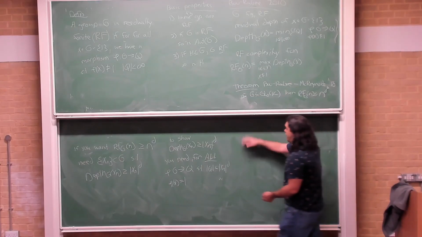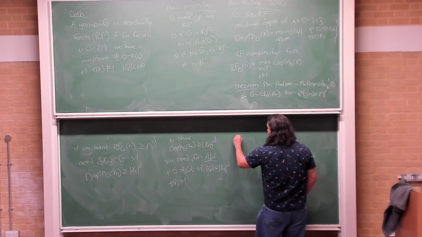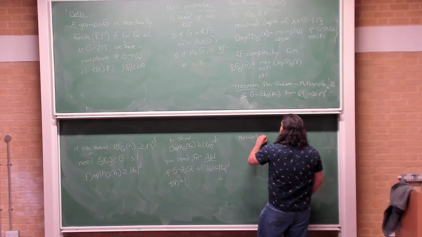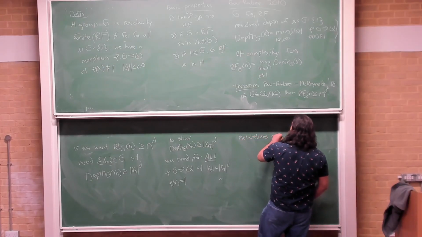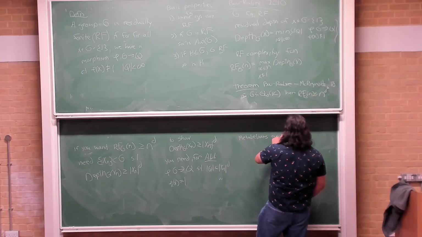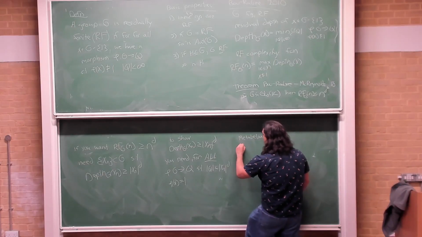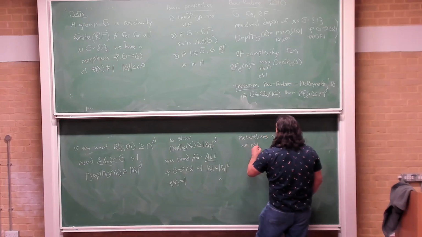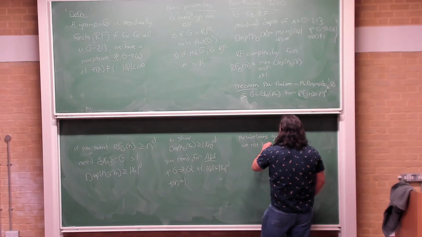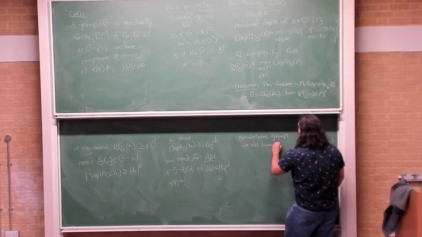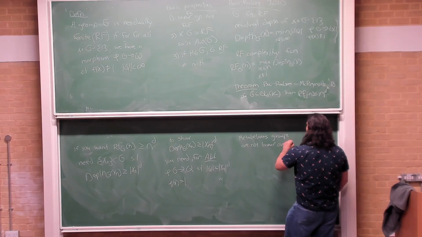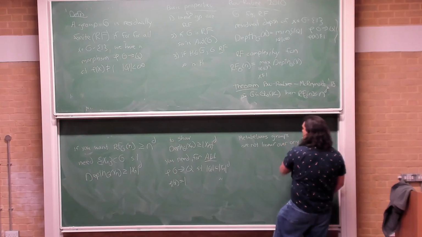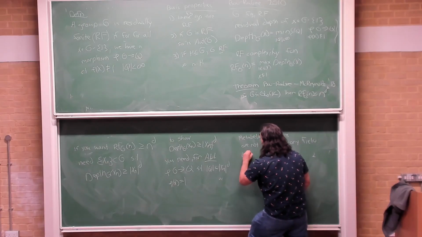You have examples of metabelian groups that are not linear, meaning no faithful representations over any field, but are faithful over a product of fields.